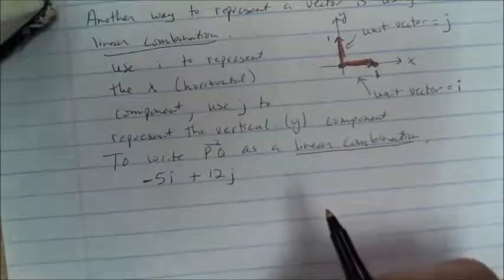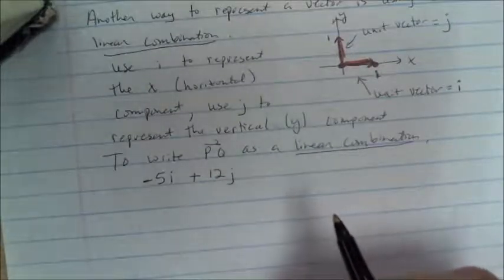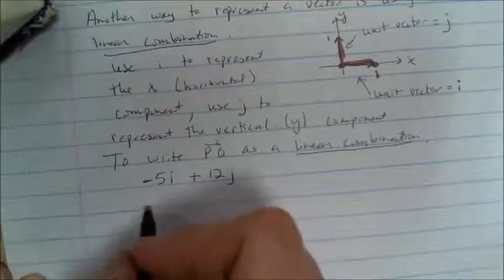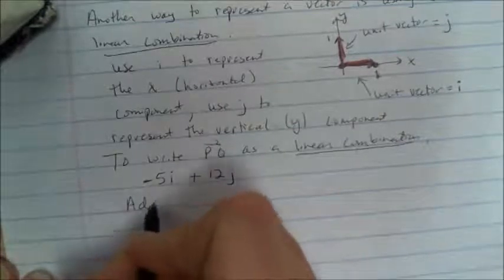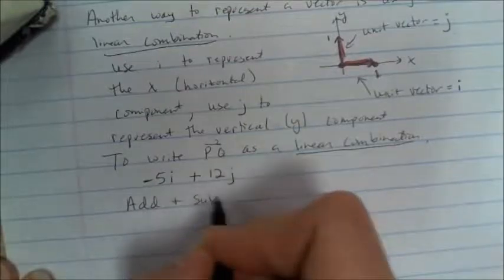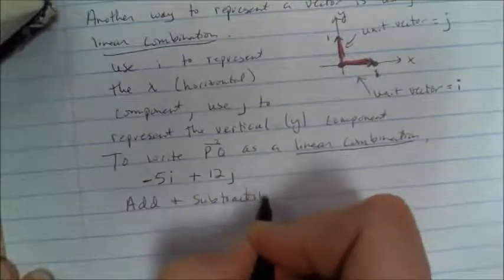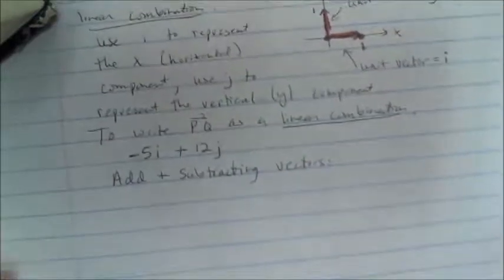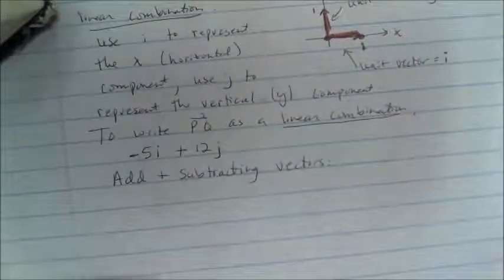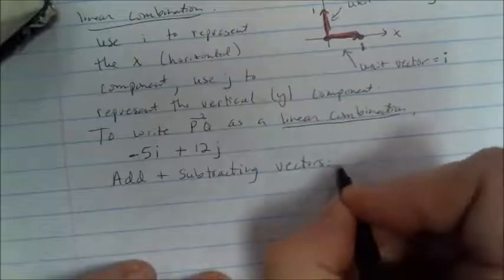All right. You can add and subtract and multiply vectors by some number. It's pretty easy. All you do is add the x and the y components.